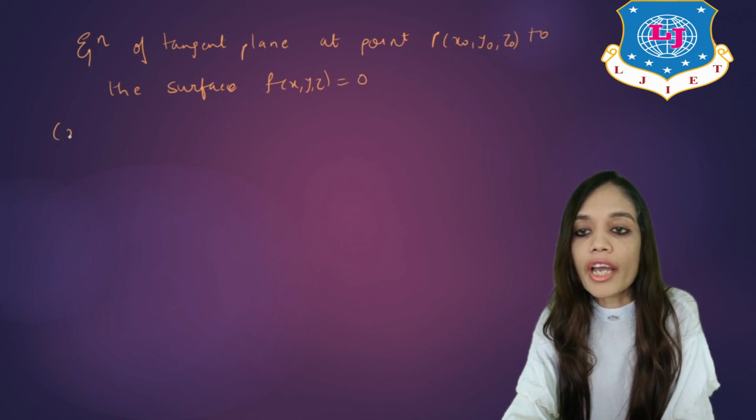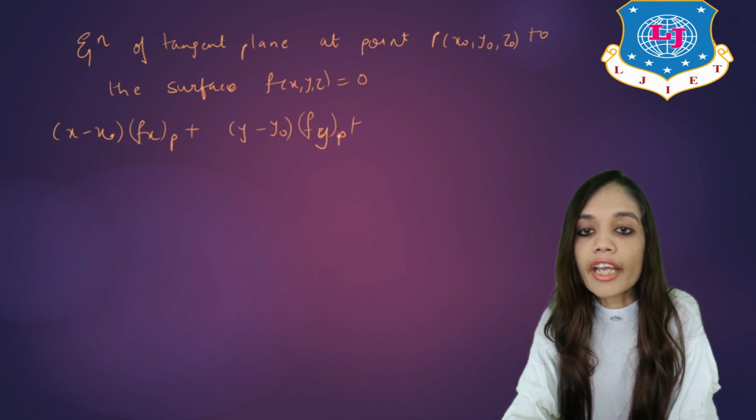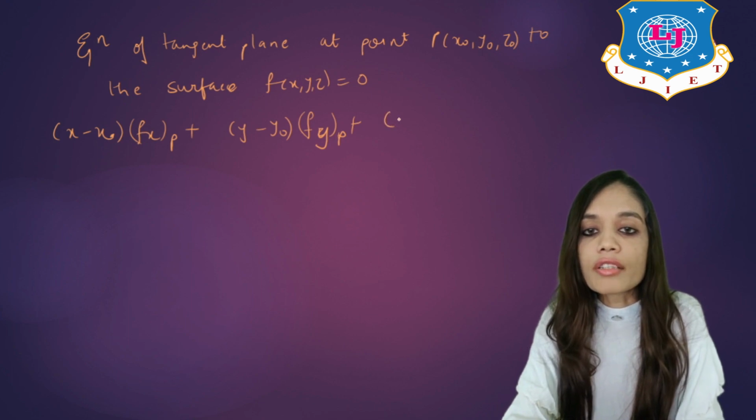This is given by (x minus x0) fx at point P plus (y minus y0) fy at point P plus (z minus z0) fz at point P equals 0.